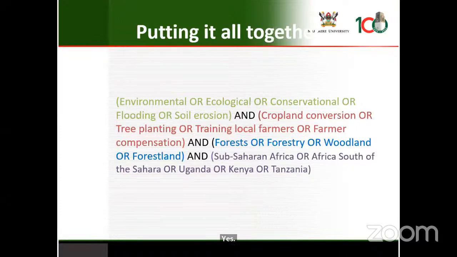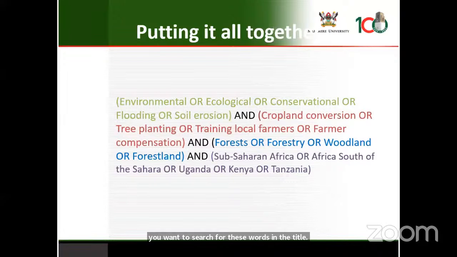Some databases, like Web of Science, before the bracket, they put something like TS, like a topic search, TS or TI, meaning title, meaning that you want to search for these words in the title.